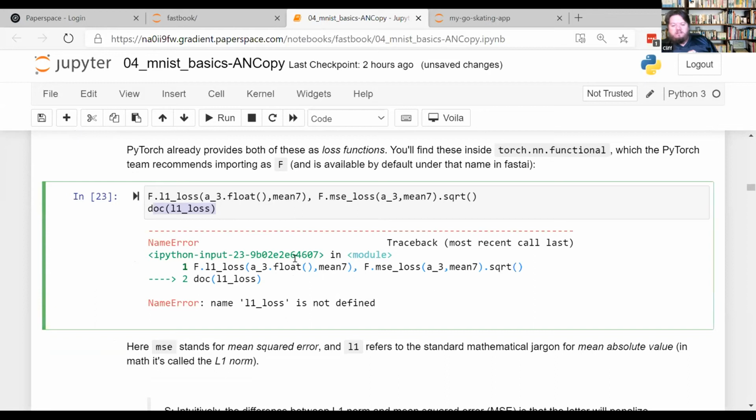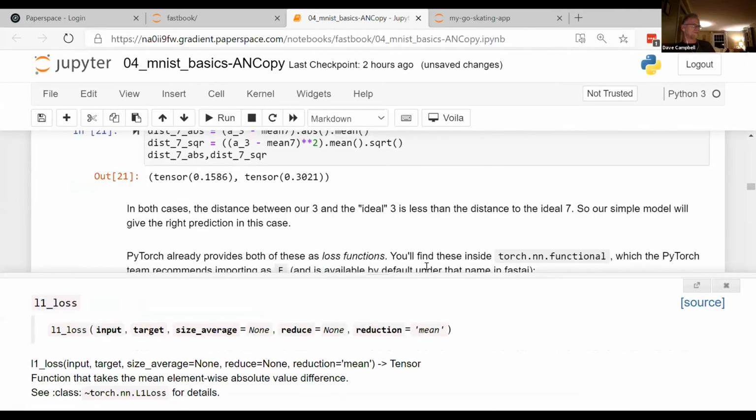F dot, or F with a functional. It's a function. I think put f dot in front of L1 loss. It has to be exactly as it is. It might have to be capitalized. It's going to look it up, and you might need a function. There you go.